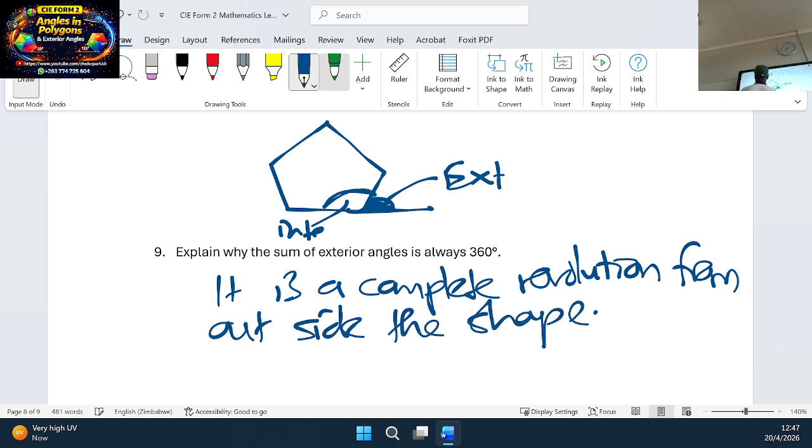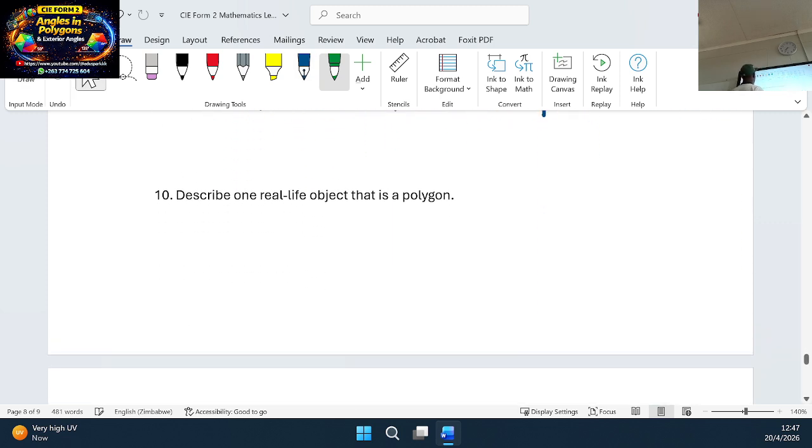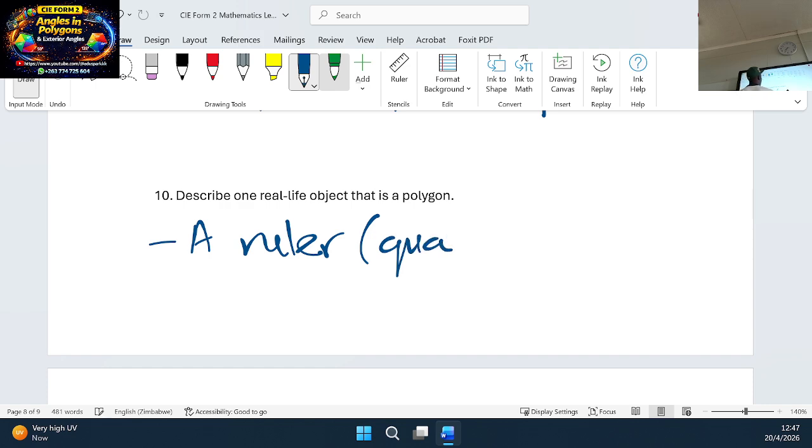Right. Then number 10, describe one real life object that is a polygon. Well, it can be a ruler that we use to measure. I mean, it's a quadrilateral because it's made up of 4 sides.